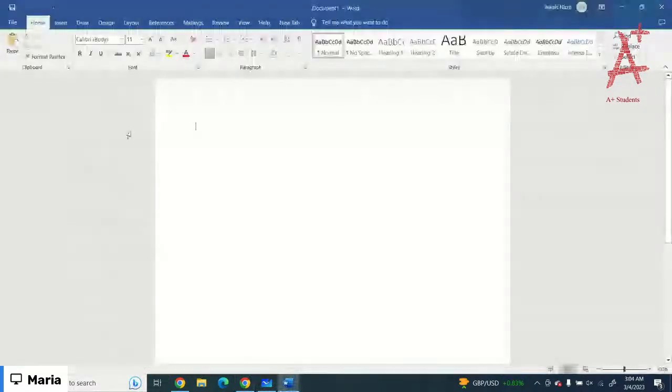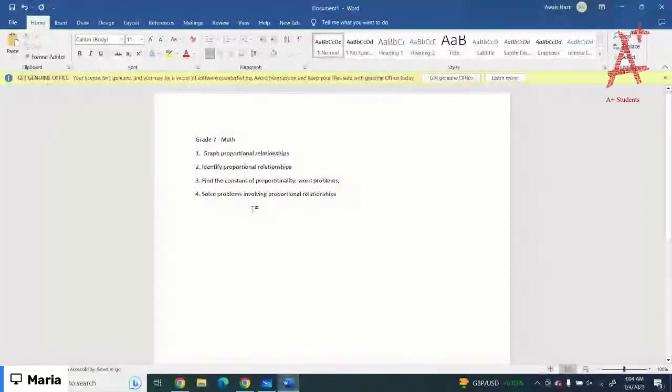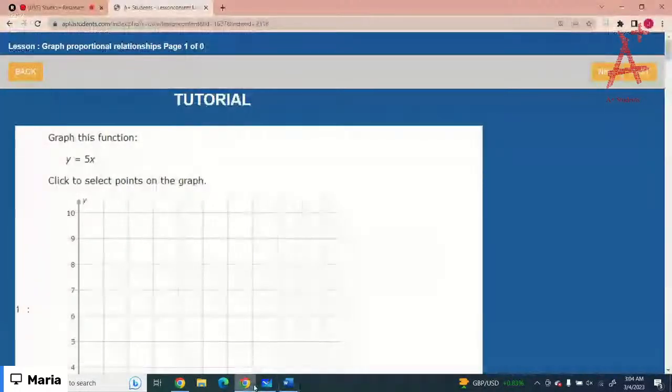Okay, let's start with the first example. Graph this function y equals 5x. Click to select points on the graph.